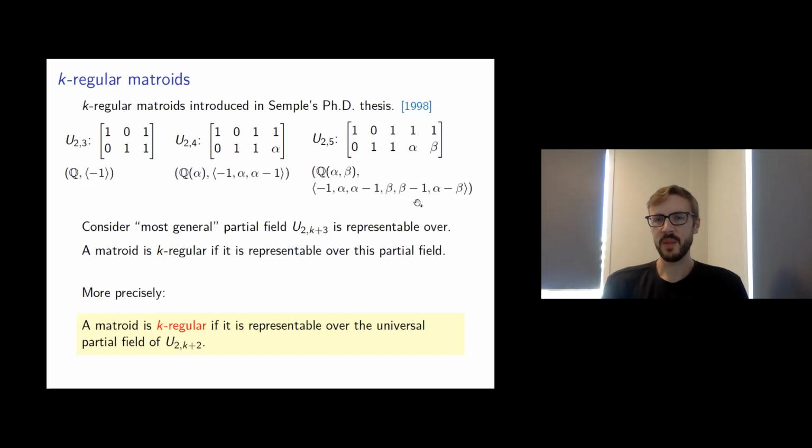So if you think about what a representation of U25 would look like up to equivalence, it's going to be something like this, where we need some alpha and beta that are not equal to 1 and not equal to each other. And then we need to allow for the fact that there can be subdeterminants like alpha minus 1 or beta minus 1 or alpha minus beta. Okay, so this is the formal definition of the two regular partial field.